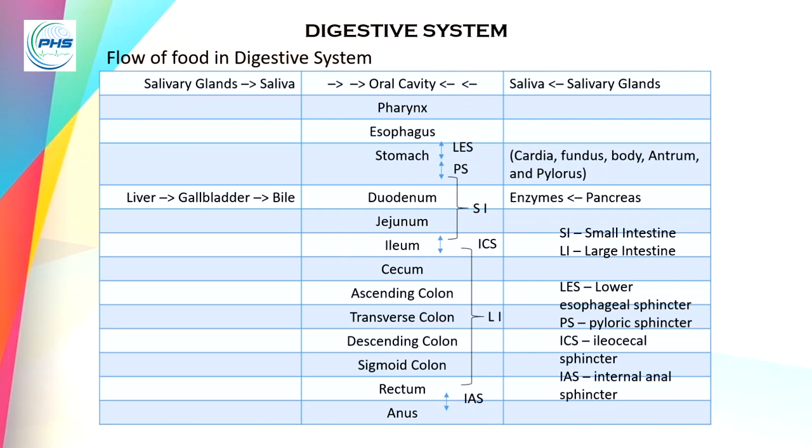The colon is divided into 4 parts. The ascending colon that travels up the right side of the abdomen. Next, the transverse colon runs across the abdomen. The descending colon that travels down the left abdomen, and the sigmoid colon, which is a short curving of the colon just before the rectum.